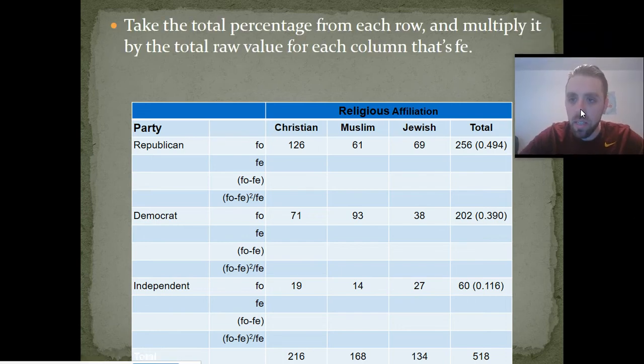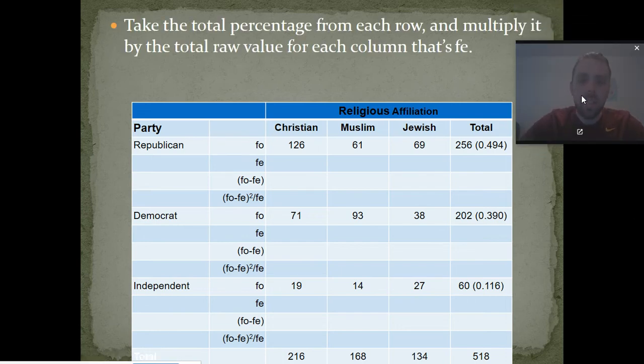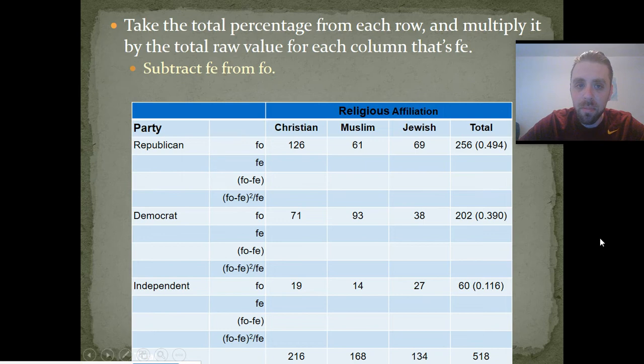So what we're going to want to do here is take the total percentage for each row and multiply it by the total raw value for each column. And that's FE. That's the frequency expected. So what does that look like in practice? Subtract FE from FO, and finally square it and divide by FE.